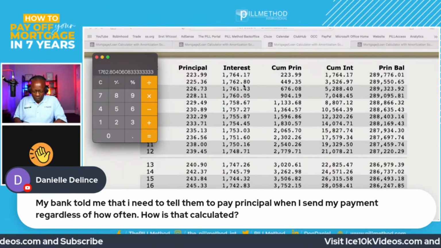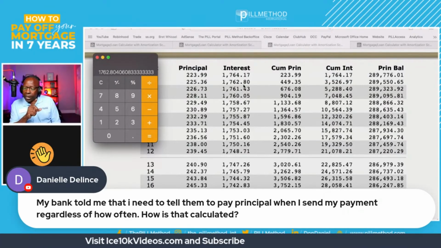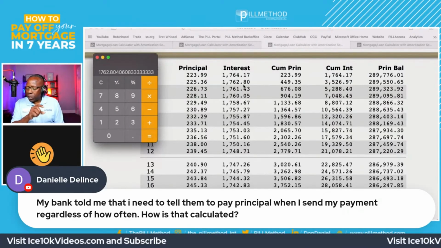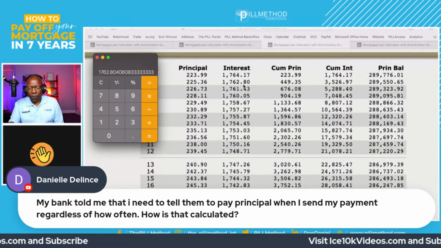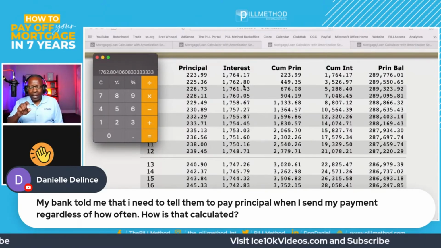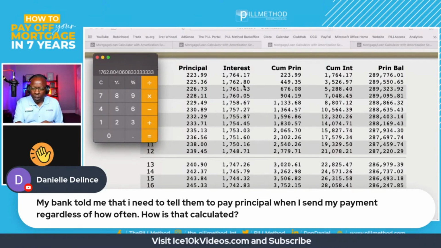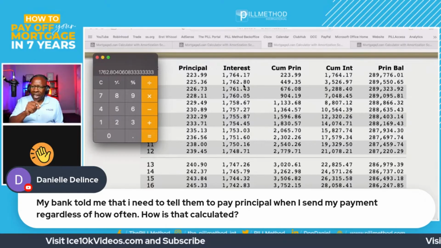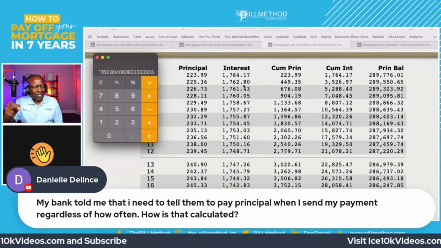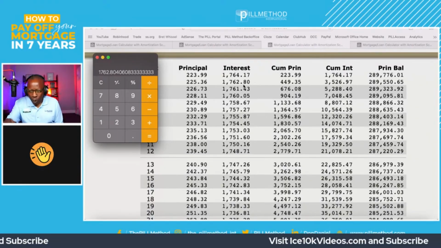If you look here on line 2, you'll see 1,762.80. Okay, folks, I need to point out here, by doing this every single month for 360 months, it is not one mortgage. By doing it this way, they create 360 separate mortgages.